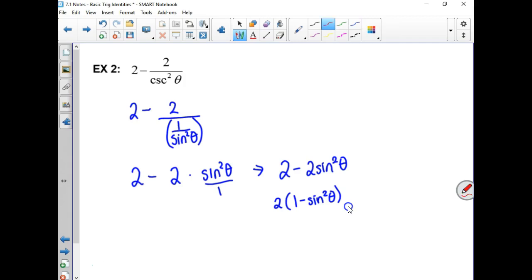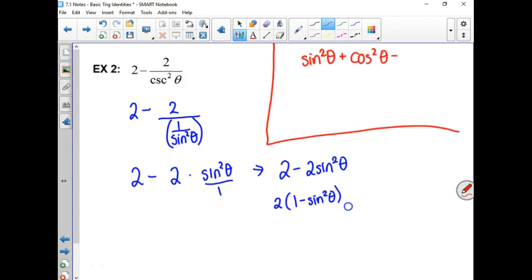I know, this is sort of a side note here, I know that sine squared theta plus cosine squared theta equals 1. That's my Pythagorean identity that usually most kids are pretty good at remembering.